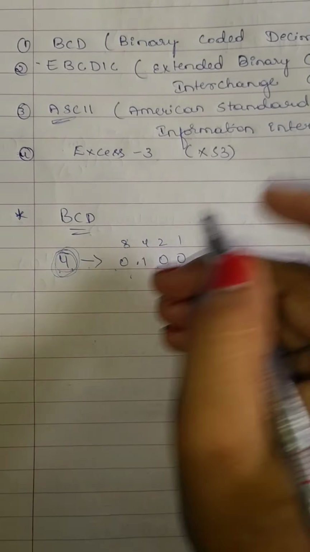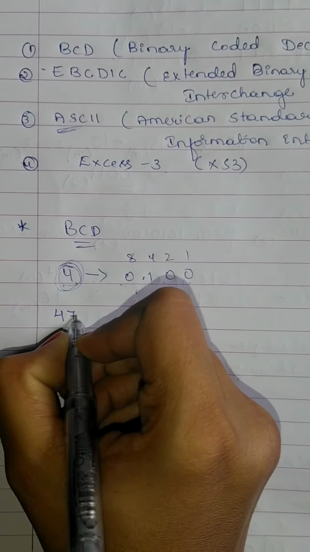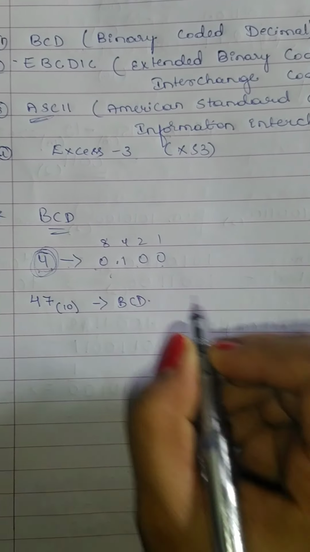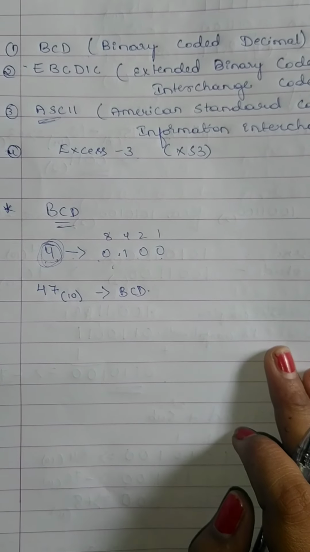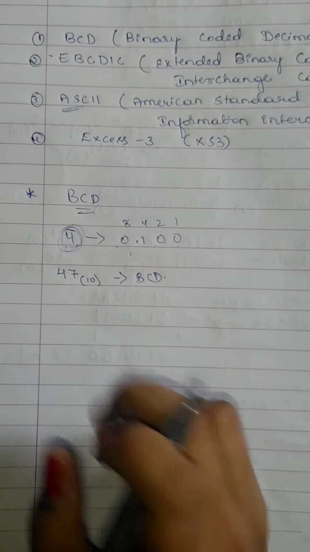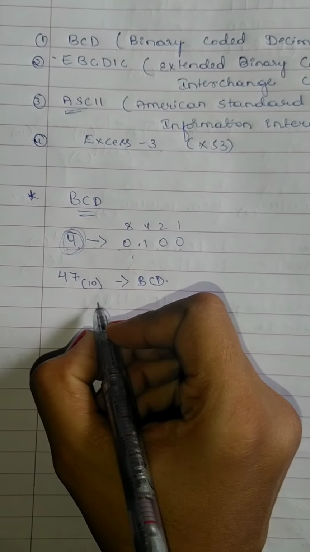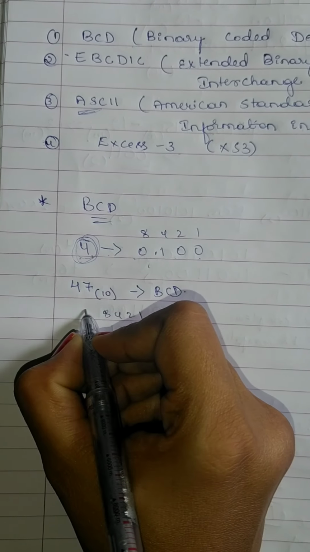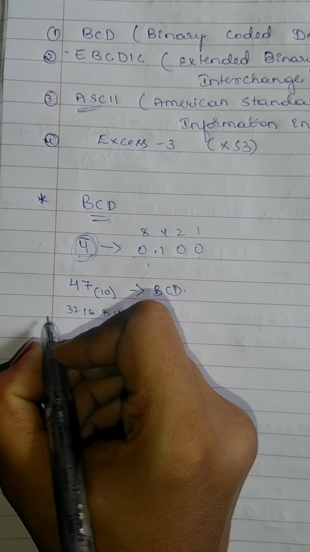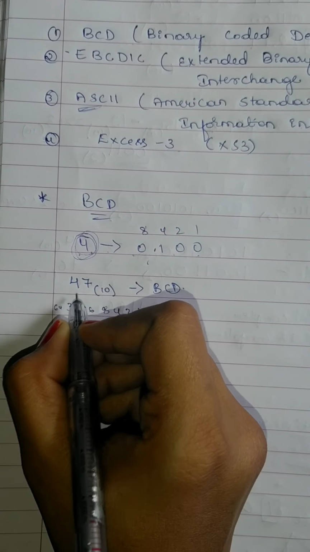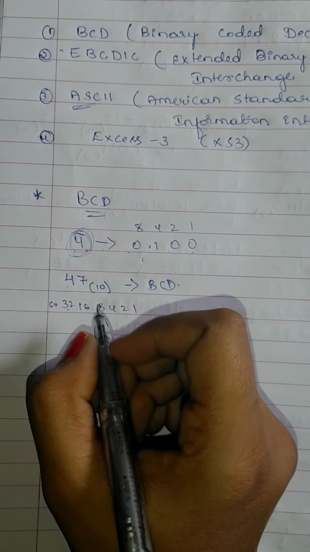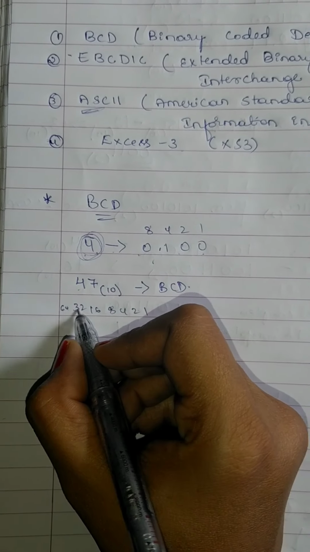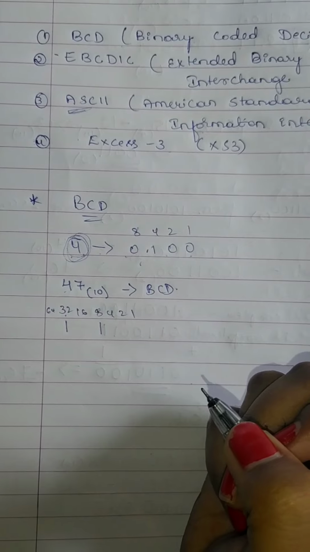For example, now I want to convert 47 into BCD. BCD is different and a pure binary number is different. How to represent 47 in binary? Taking 8421, then 16, 32, then 64. So 32 is enough to compute 47. 32 plus 8 becomes 40.